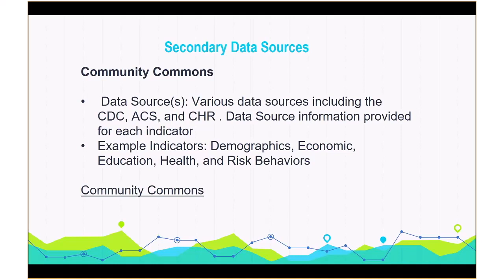The last data source that we will be looking at today is Community Commons. Once again, it has various data sources, including the CDC, the ACS, and the CHR. Data source information is provided on the site for each indicator.